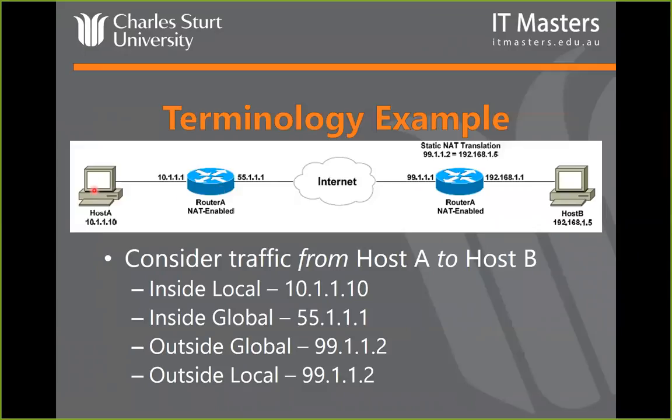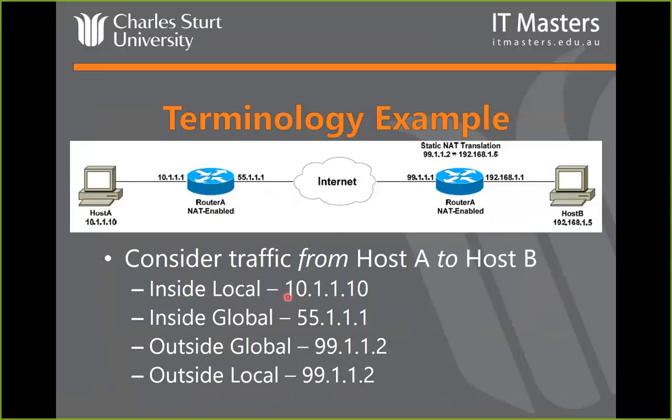That means that any traffic that comes from host A's network as it hits the router will be NATed. And in this case, we're overloading it to the external IP address on router A, which is 55.1.1.1. So if we consider our inside local, inside global, outside local, this is the way it fleshes out if we're considering host traffic going from A towards B.